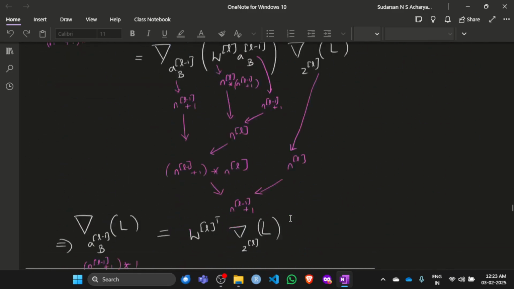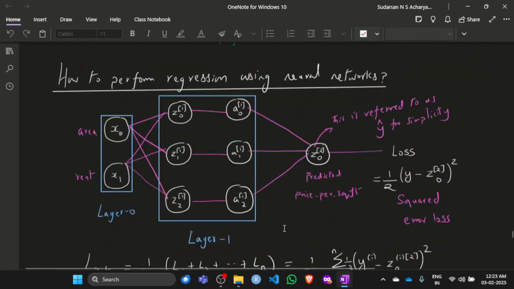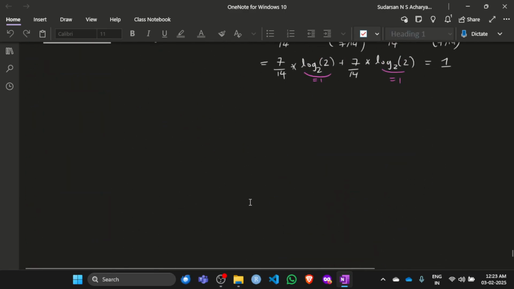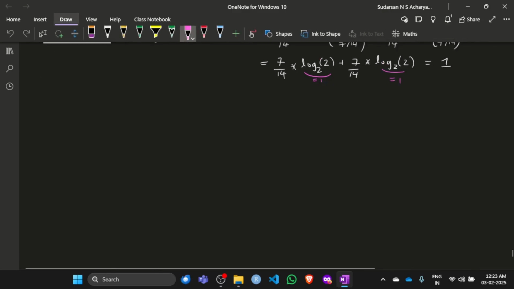Okay, so let's write down the entropy. All right, so the entropy associated with the random variable is this. I'm going to write down the formula again. So now you know what it means.